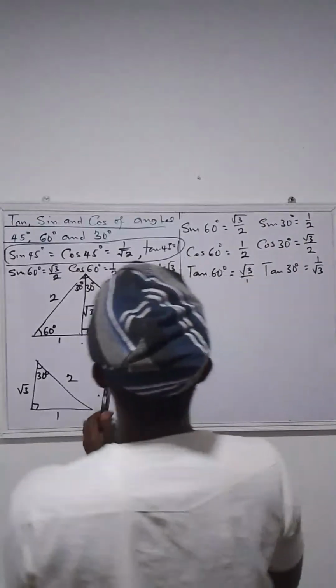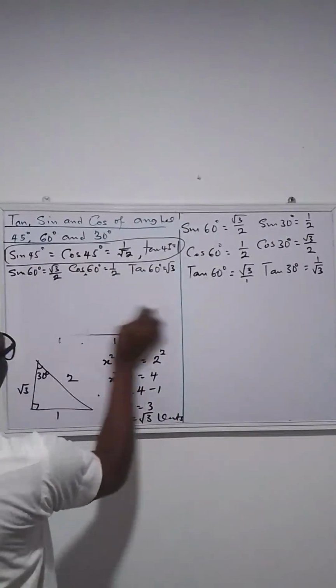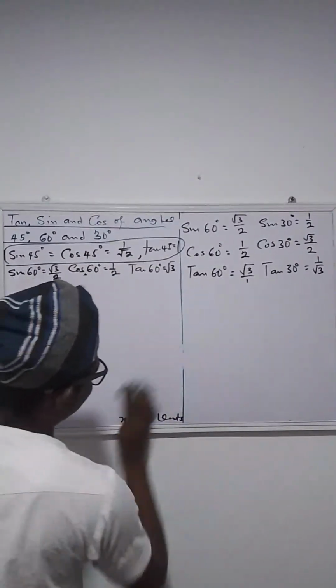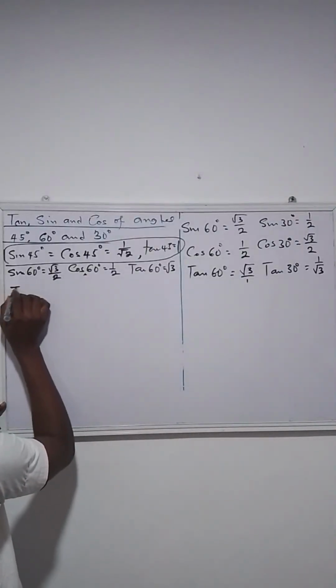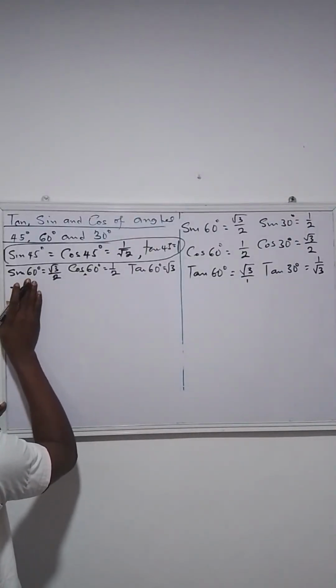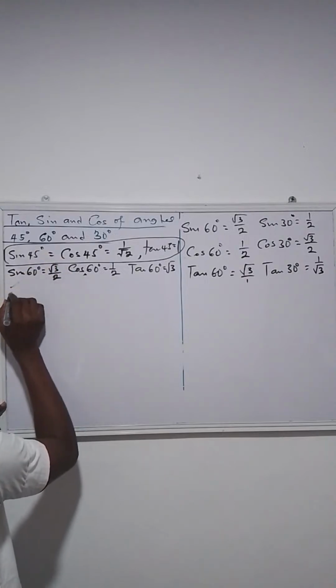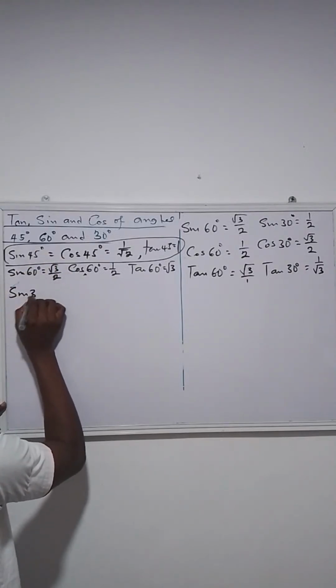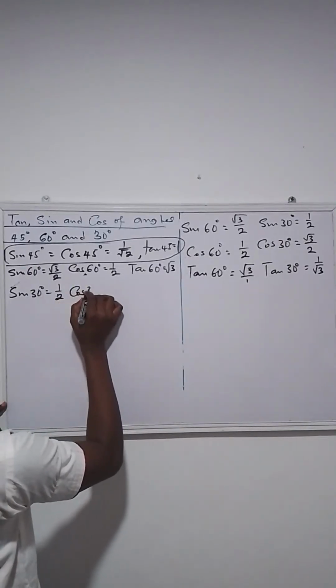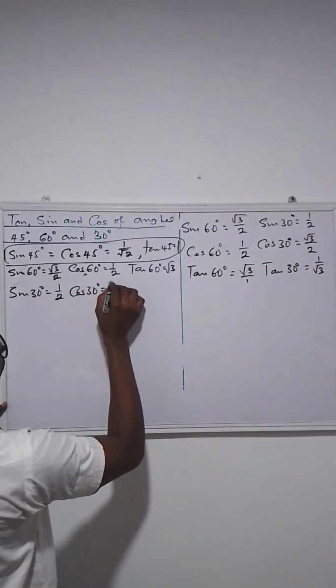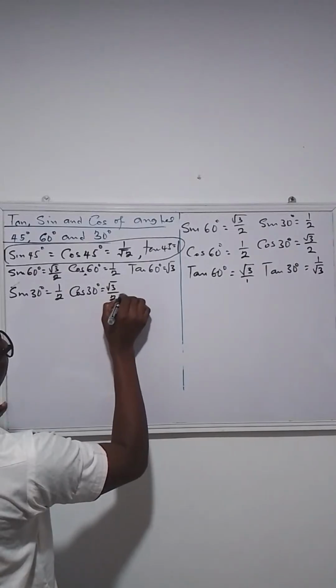Now let's put that here too. So we have sine 30 degrees equals 1 over 2. Cos 30 degrees equals square root of 3 over 2.